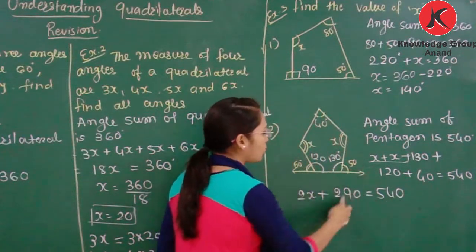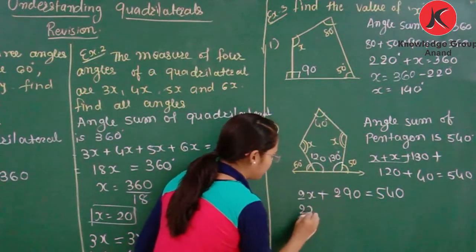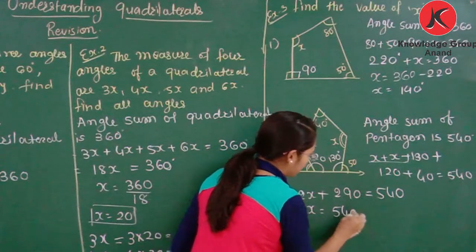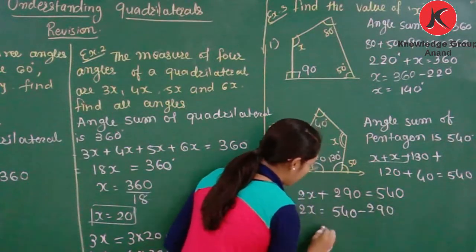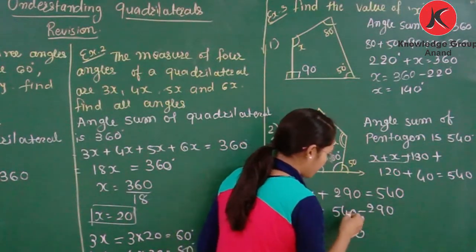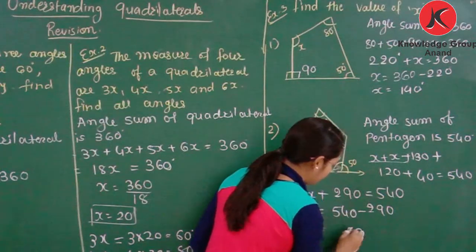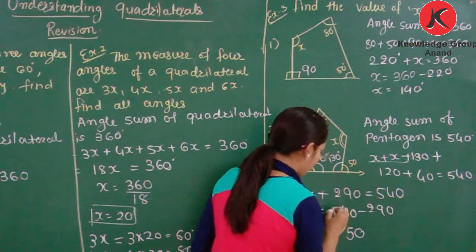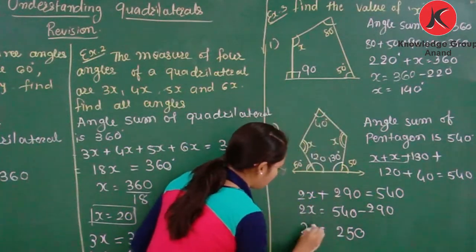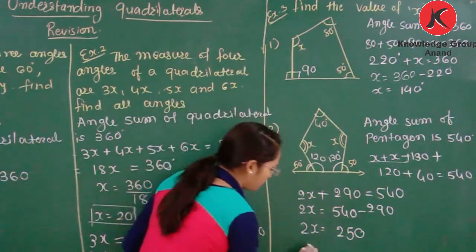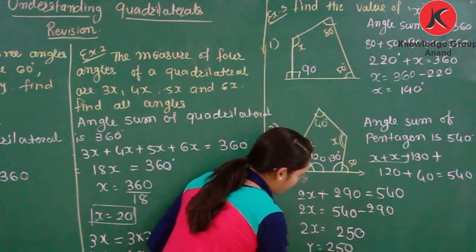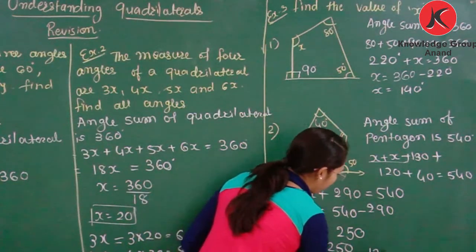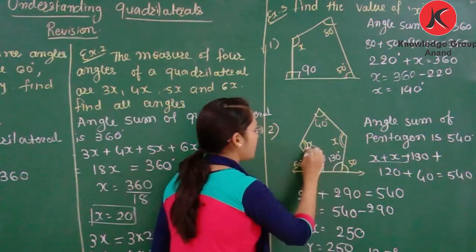Now 290 on right side, so subtraction of this. So 2 is in multiplication, now divide by 2. So you will get 125. So what will be the measure of this angle? It is 125.